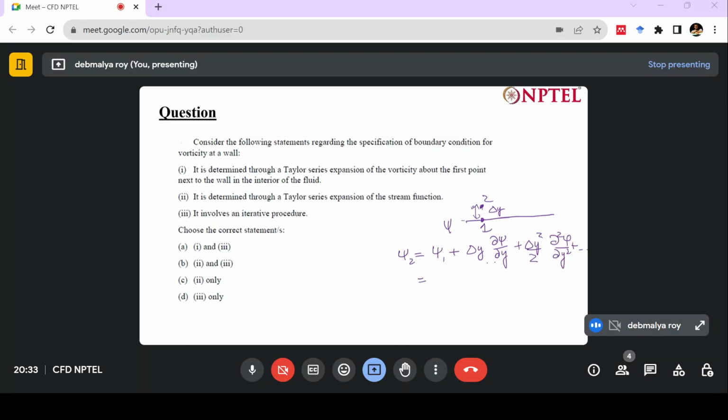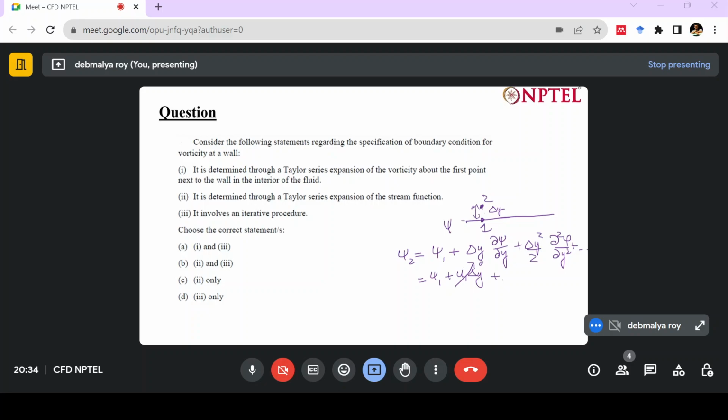So this is up to delta y square. This is psi 1. What about del psi del y? Del psi del y we already know is the velocity u. So this can be simply written as u1 delta y. What is u1? u1 is 0, because of the no slip boundary. So this can be eliminated.